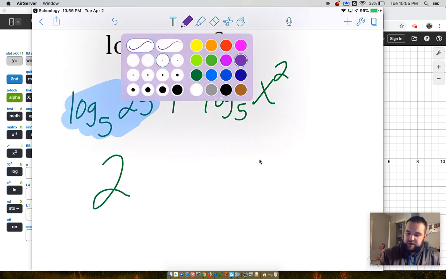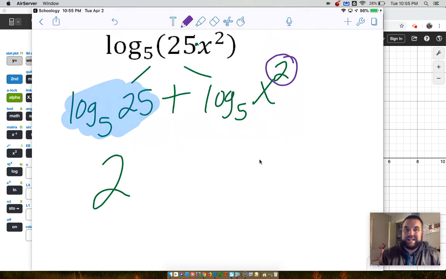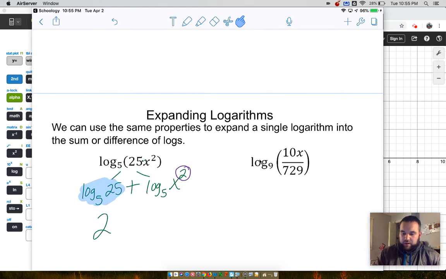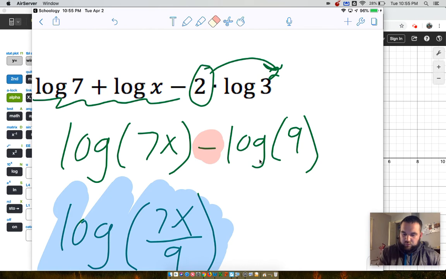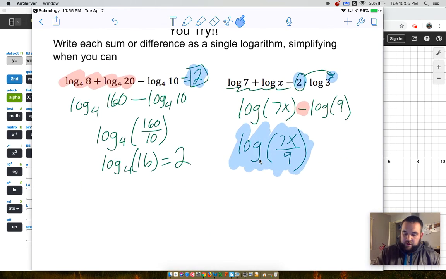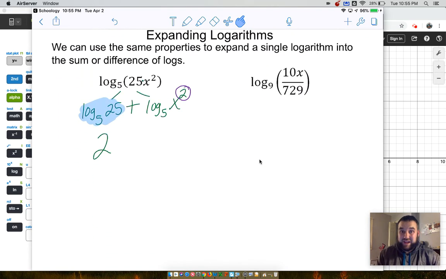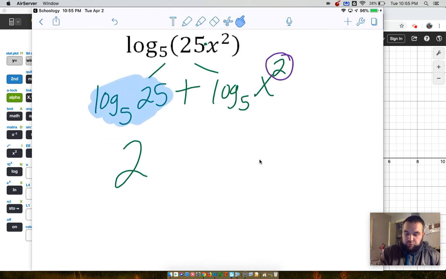And then when you're expanding, and this is kind of tricky to remember, just like when we were condensing, we wanted to take coefficients and put them into powers, right? That's what we did right back here. This 2 right here became an exponent, okay? When we are expanding, if you see that word expand, you are going to bring exponents down out front.